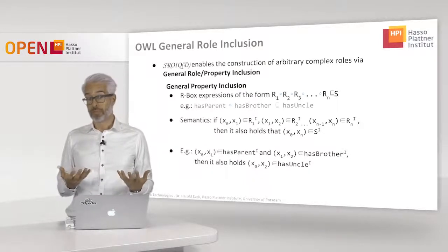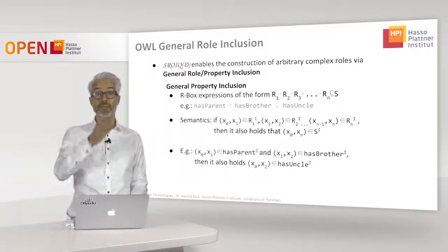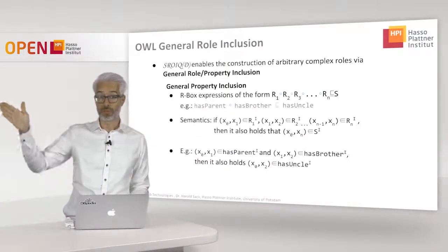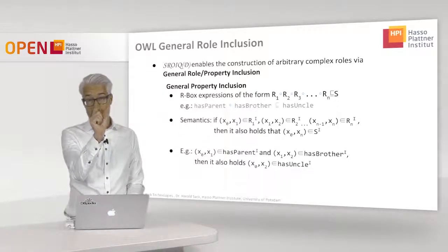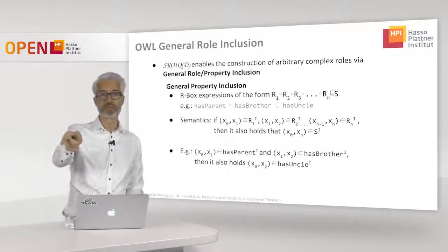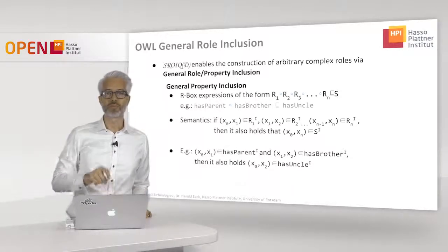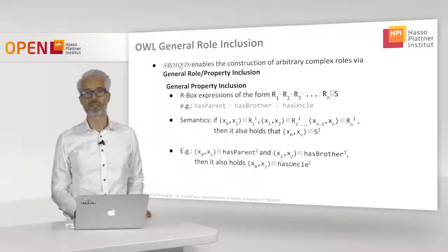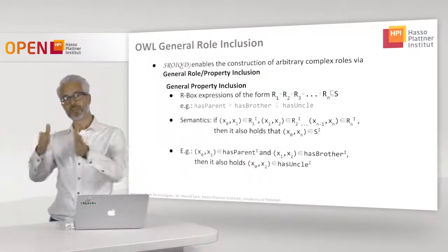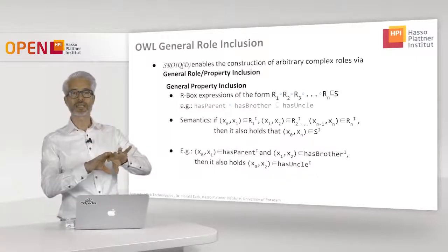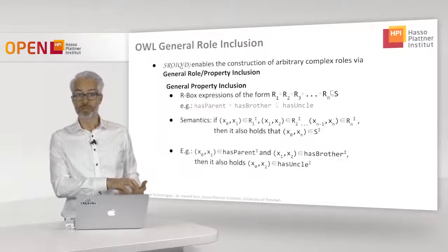So you have a steady chain, and this chain connects property by property by property. And of course, there must be the same individuals: x1 comes as the second part in R sub 1 and the first part in R sub 2. So this is really a chain where you connect from individual to individual to individual for which exactly this property condition holds.